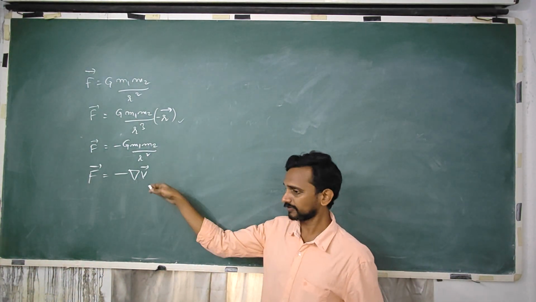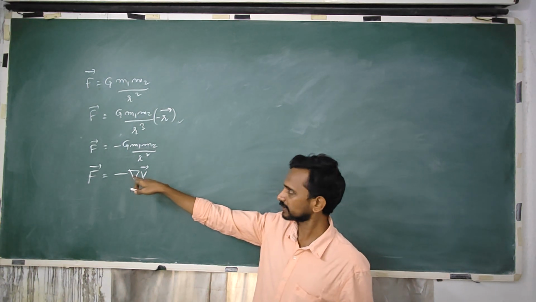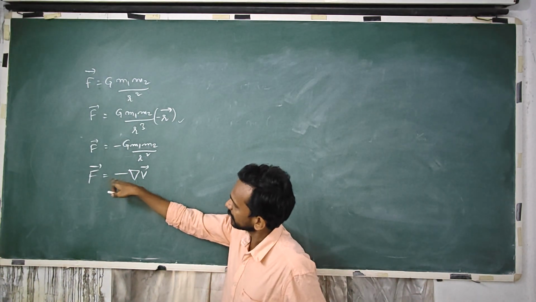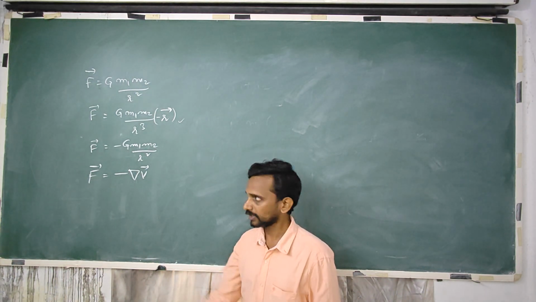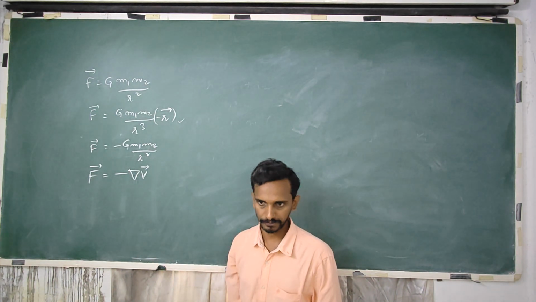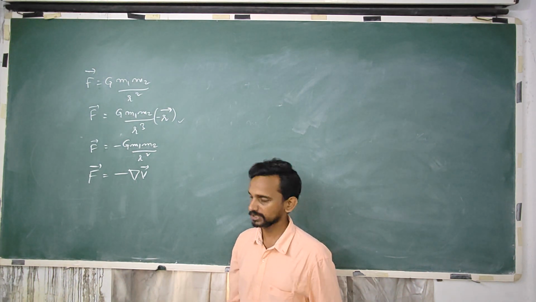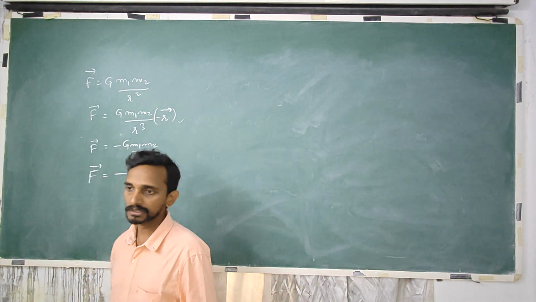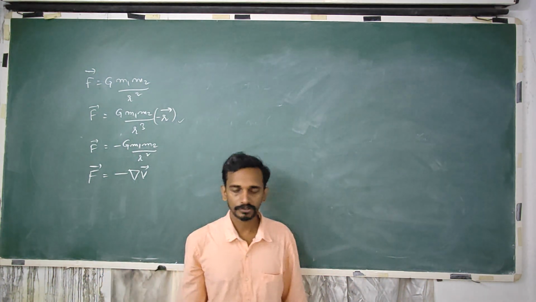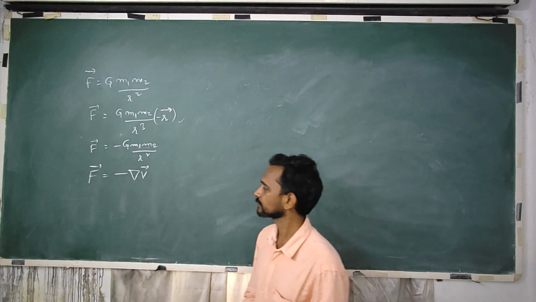Just for a first initial observation, it gives an idea that potential is positive, right? Force and potential are related by a negative sign. So the first assumption is that potential is positive, so it may be a repulsive potential. So let us confirm that first.